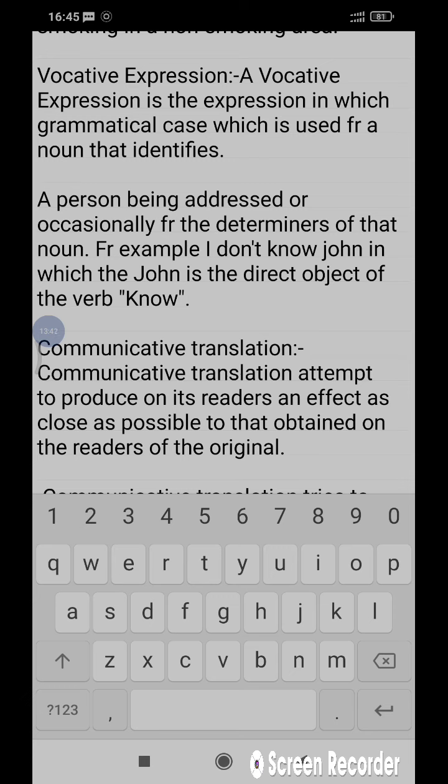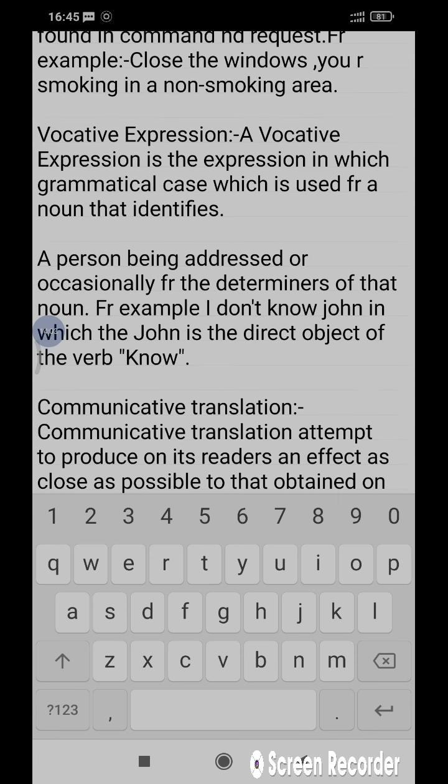So there are so many types of translations, and there are lots of features of translation. Here I am discussing with you the functions of language, which are also part of translation, and are helpful when we are doing a technical translation or a communicative translation.